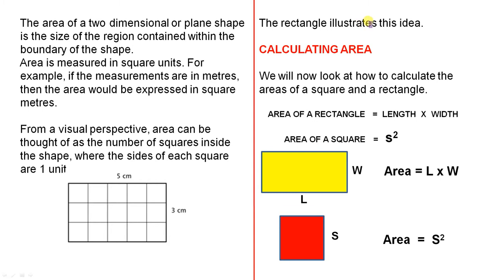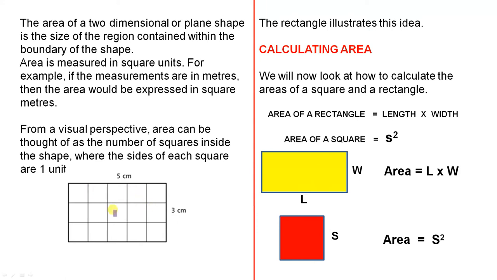The rectangle illustrates this idea. So have a look at this rectangle here, which is 5 centimetres long and 3 centimetres wide. And we've divided this rectangle up into those squares. Because that's 5 centimetres, each of these lengths here are 5 centimetres. And here we have 3 centimetres, so that's 1 centimetre, 1 centimetre and 1 centimetre.